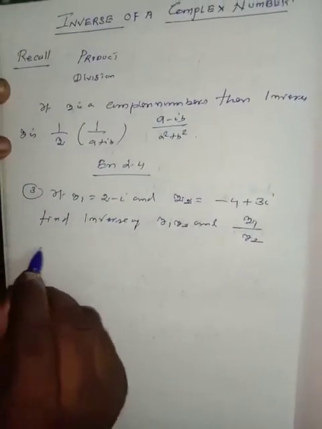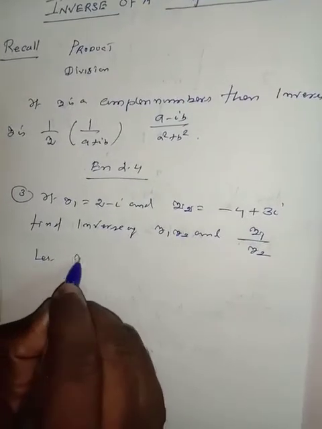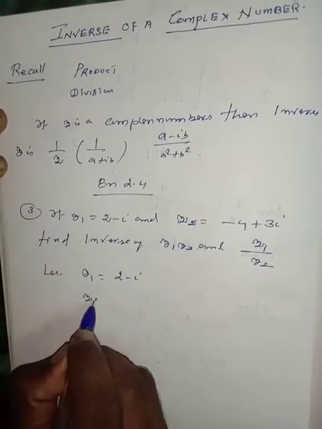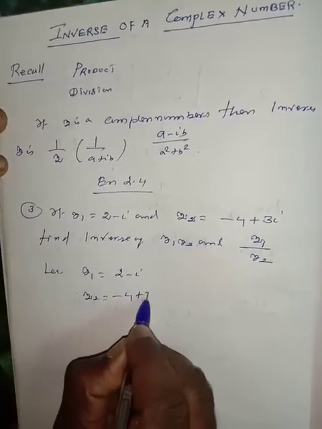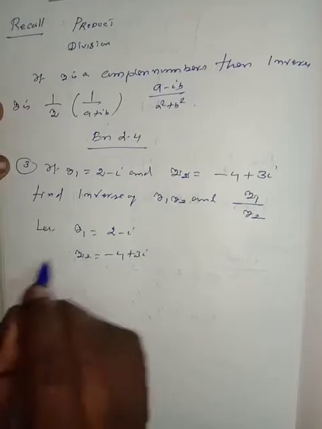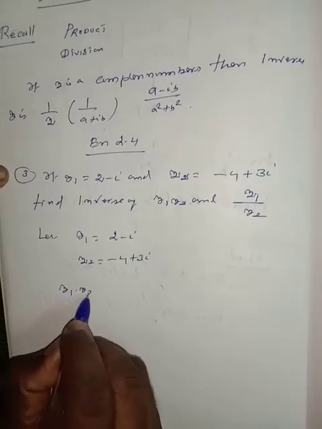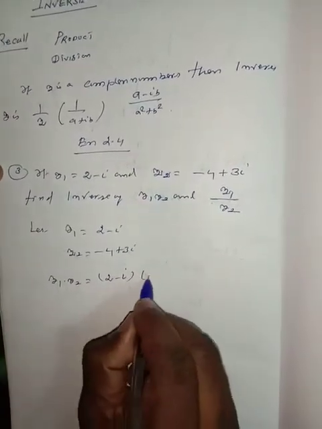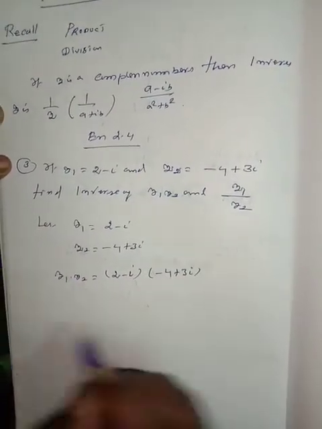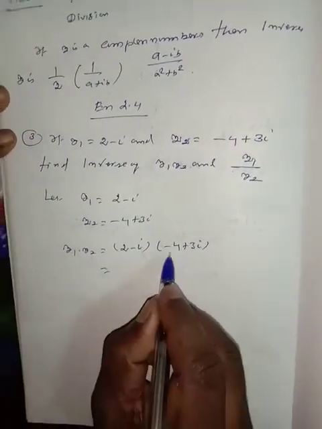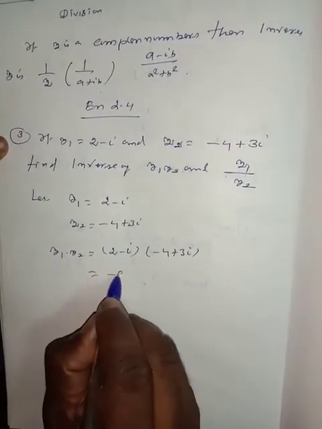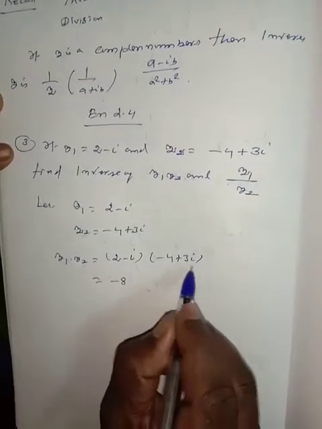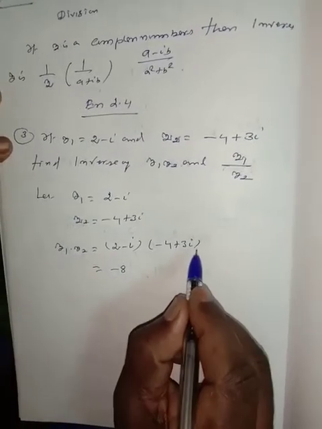Solution: let z1 is equal to 2 minus i, z2 is equal to minus 4 plus 3i. The product of the two complex numbers, z1 dot z2, is 2 minus i into minus 4 plus 3i. First times first is minus 8, last times last is minus 3i square, and minus 3i square is plus 3.